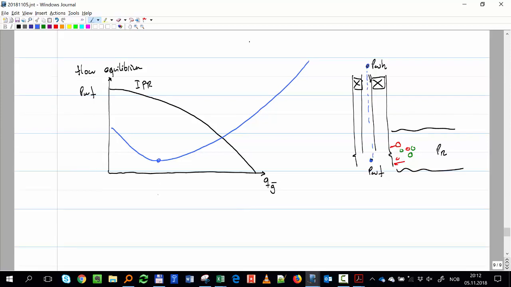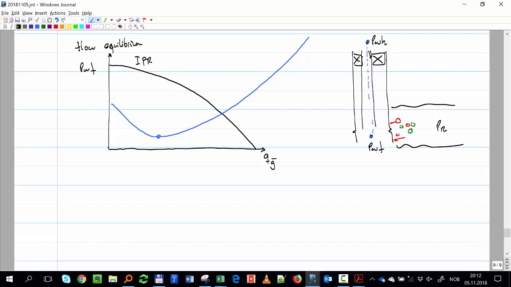I will try to explain what happens and why you have this behavior, because not always am I successful. If you see the pipe, we're going to take a cross section of the pipe. We always have oil and gas. The oil goes extremely slow.